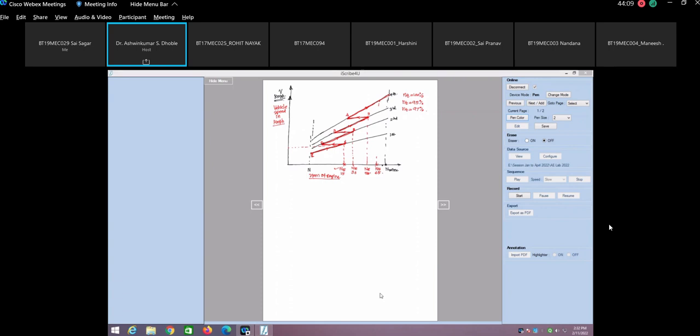ओके, सो सर ये आपको ये जो स्टेयरकेस पैटर्न है, सो आई विल नोट हियर द red color zigzag lines indicates the gear shift pattern.